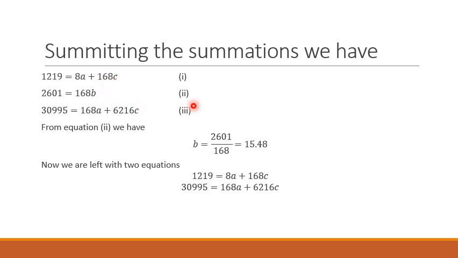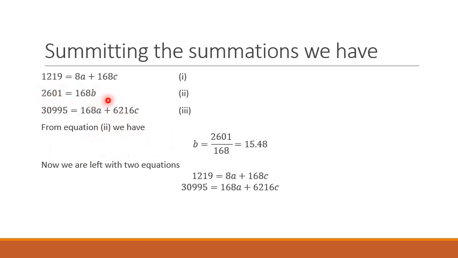Now in the second equation there are two constants with summation x and summation x cubed, because summation x is equal to 0 and summation x cubed is equal to 0, so constant a is eliminated and constant c is eliminated, and the same in equation 3.